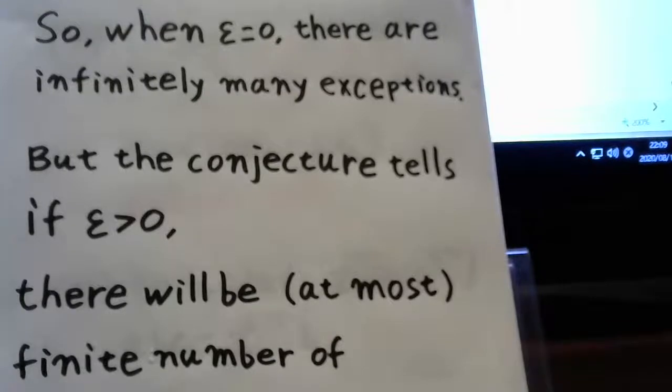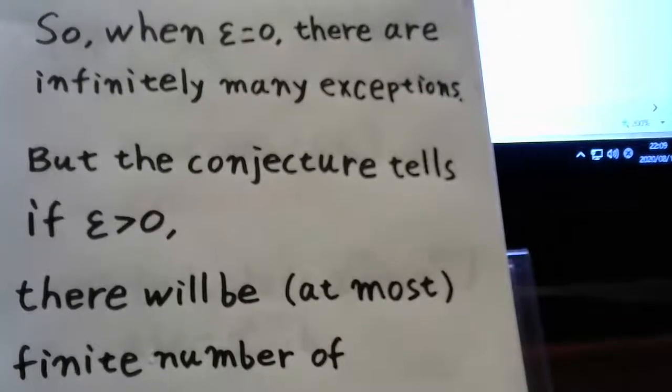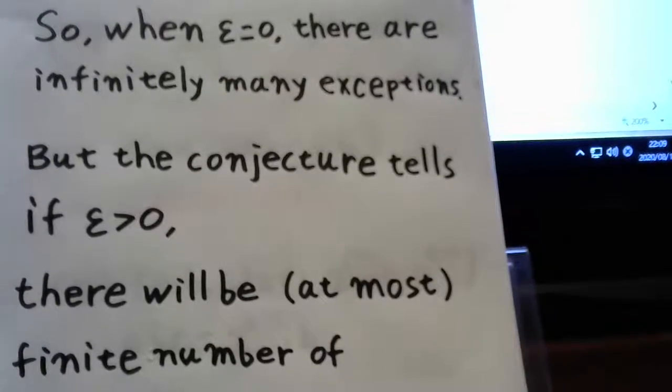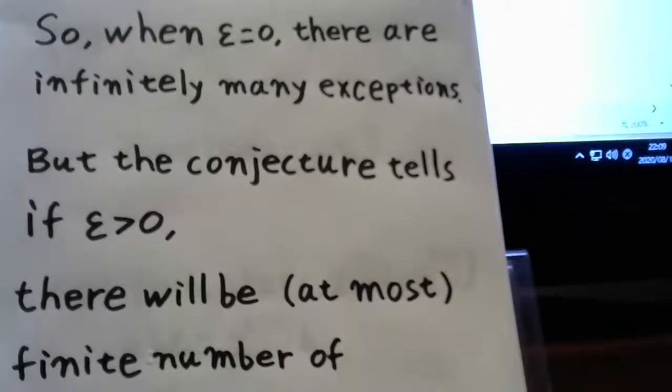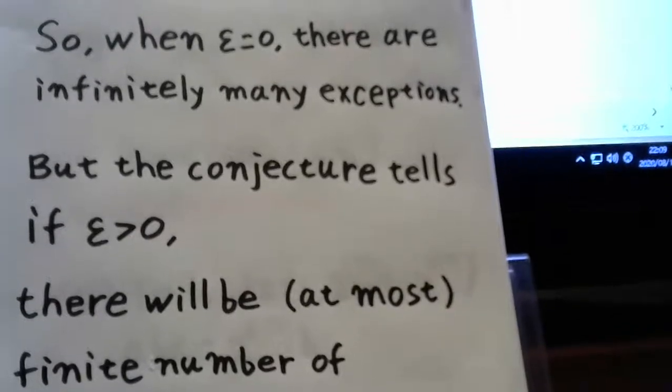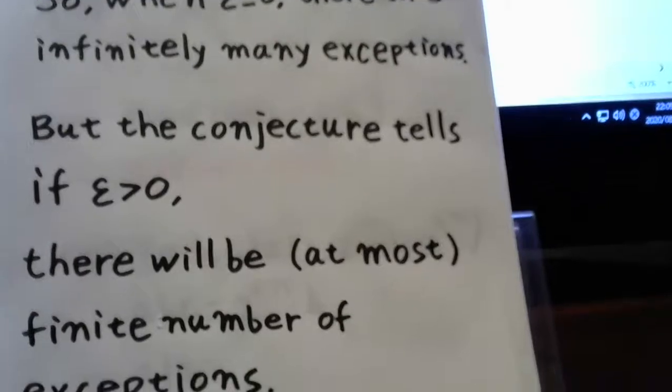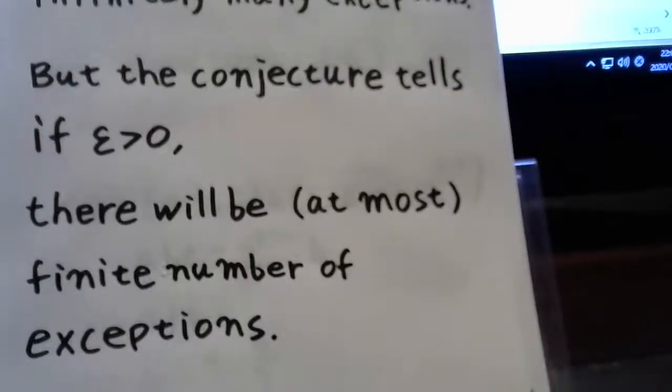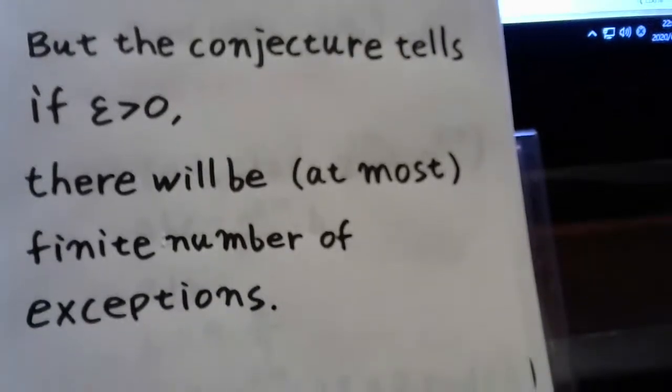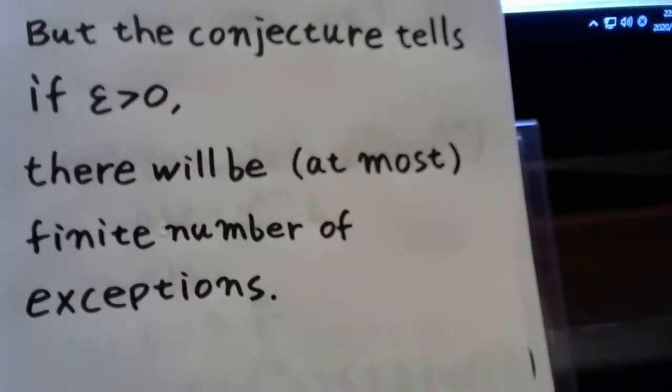But the conjecture tells that if epsilon is positive, there will be at most a finite number of exceptions. That's the statement. Okay?